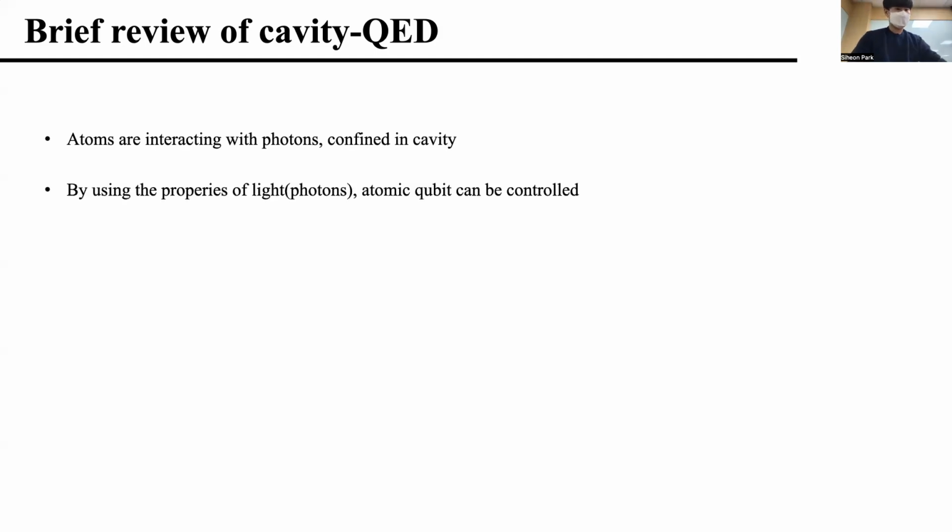Before circuit QED, I will give a very brief review of cavity QED. There are atoms interacting with photons. The photon is just light, and the atoms are confined in a cavity. By using the properties of light, the atomic qubit can be controlled.